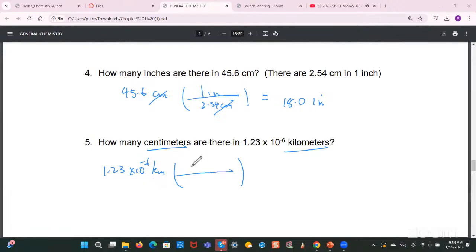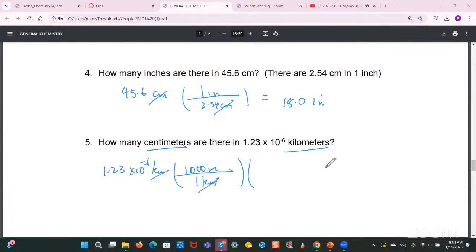So what would you put up top and what would you put below here? 1,000 meters actually, because kilo means 1,000, right? So 1,000 meters will go above and 1 kilometer will go down here. So this goes to that.